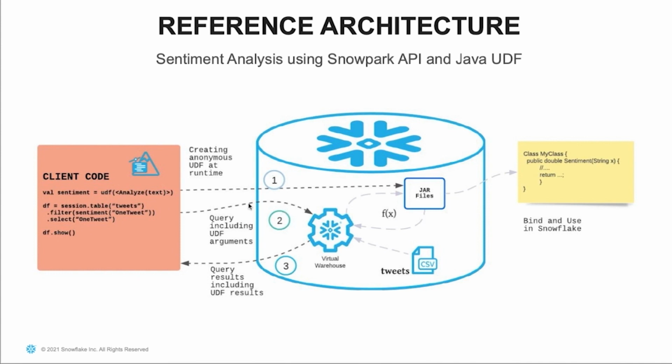Now there are other ways to create a user-defined function as well. You can register a permanent user-defined function in Snowflake using the Snowpark API as well, but that is not covered in this HOL. You can go and look for it in docs.snowflake.com. And there are many more techniques to register an anonymous function and to register a named function that you can use over and over in different sessions.